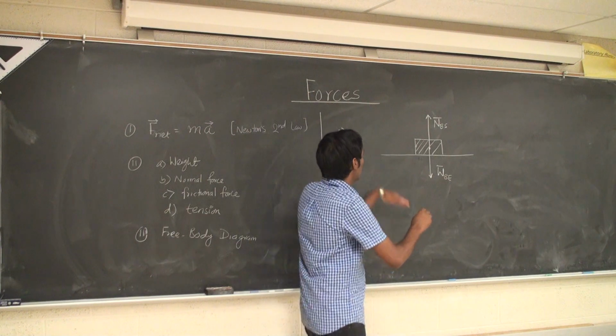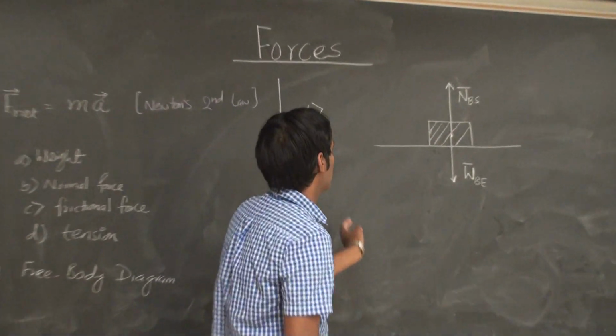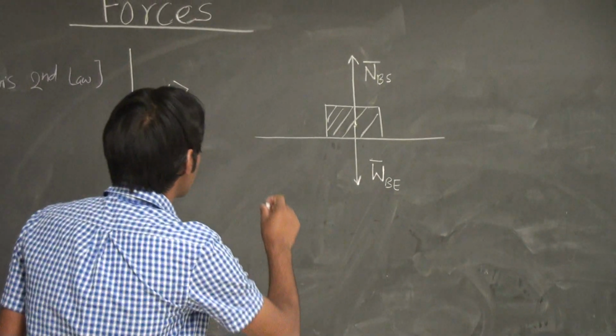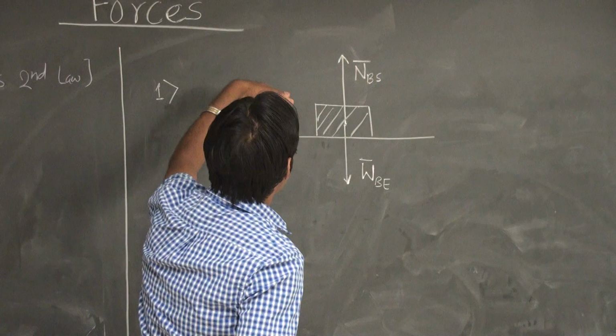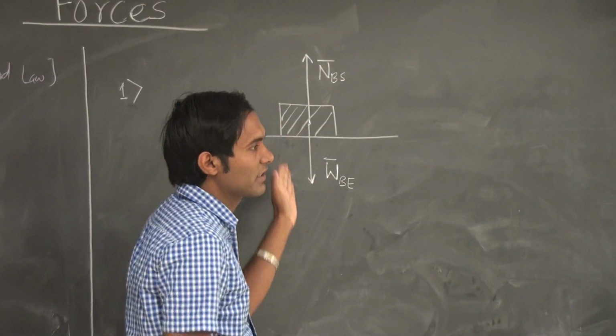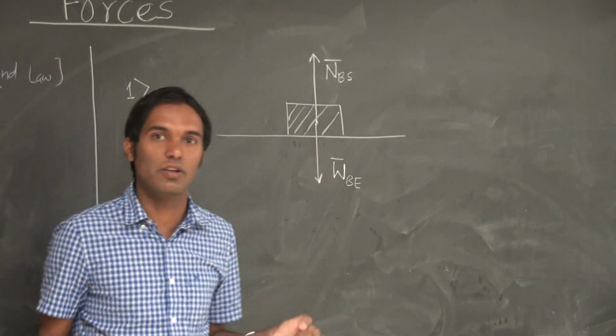Along the horizontal direction, there are no forces acting. Now let's look at this free body diagram. We know there is no net force acting in the horizontal direction and also in the vertical direction, because the system is in equilibrium.